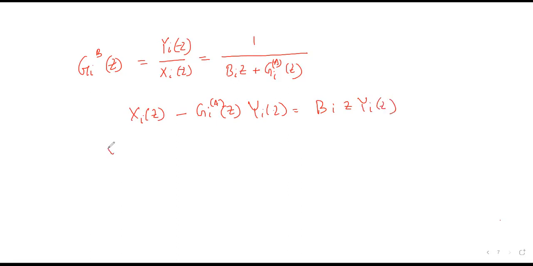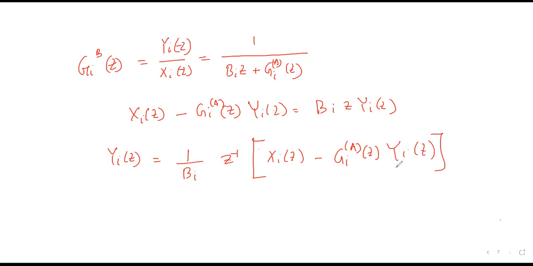Okay, so we are interested in the Y1Z output. So we can just say that 1 by B1, which is a constant, and then Z inverse, that is a delay, with your X1Z minus G1AZ Y1Z.